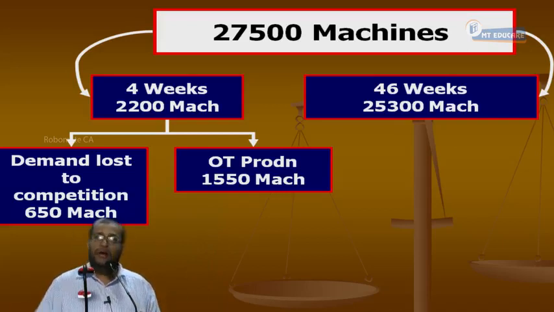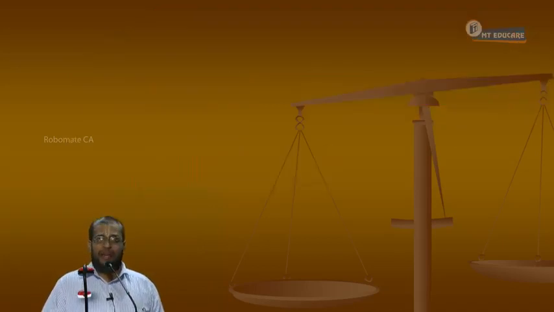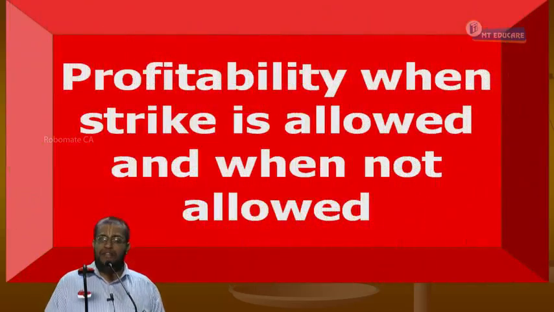Shall I proceed now? So, now we are going to prepare a statement: profitability when strike is allowed and when strike is not allowed. Let us do it together. We'll do it together.